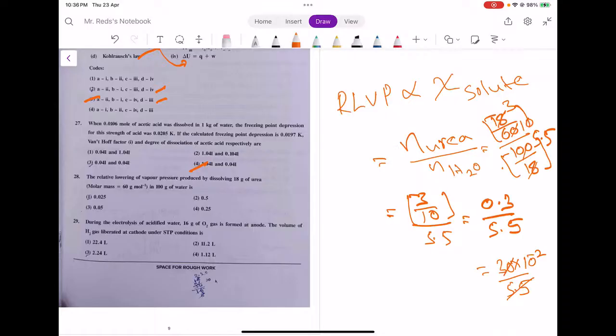Here almost 5, 5 into 5 is 25. So 0.05 is the answer.